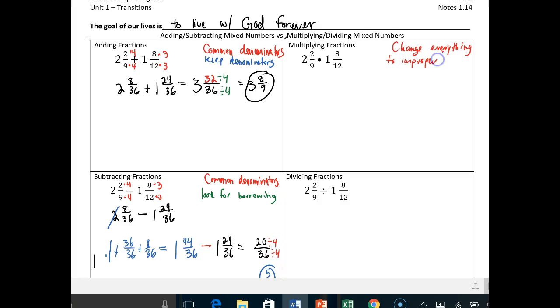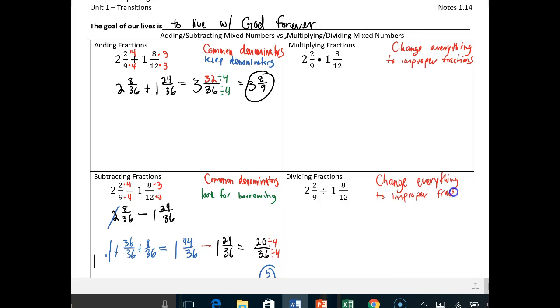This is like the one time outside of maybe subtraction where we borrow and we end up with an improper fraction. These are the one times where we actually want improper fractions, because you cannot just do 2 times 1 and then 2 times 8, 9 times 12. You can't do that. It's not what we're going to do. So we're going to change everything to improper fractions, and then it's going to be the exact same thing from yesterday.